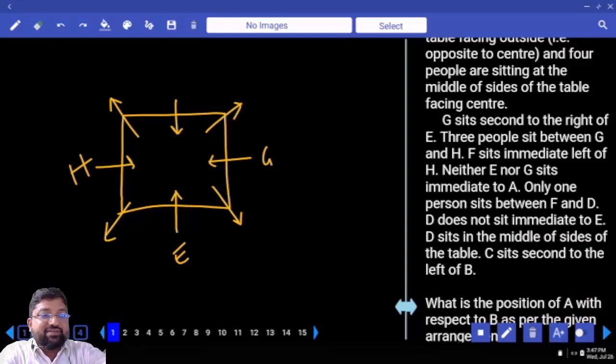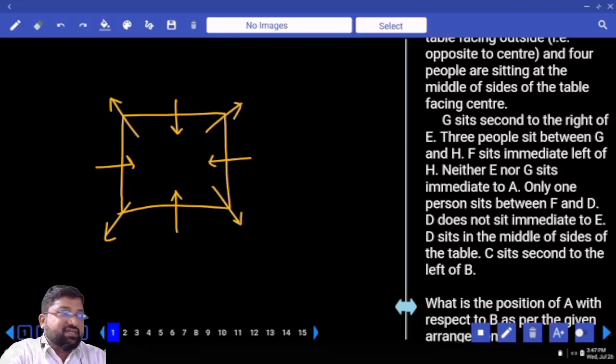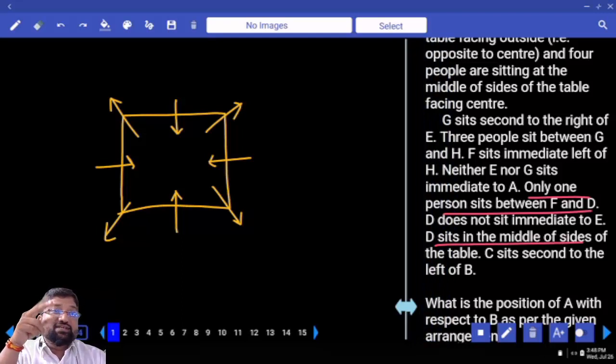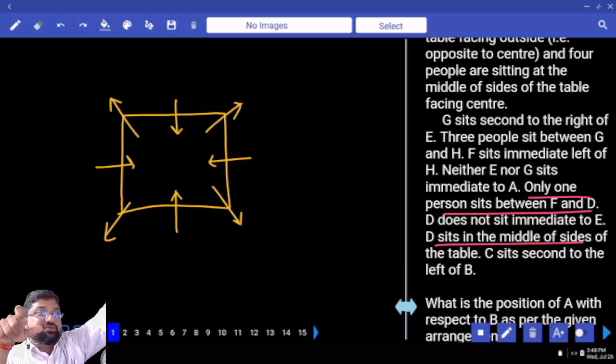So what have you understood now? Based on this information we can talk about three persons. Who are these three persons? E, G and H. If E is in the corner, G and H are also in the corner. If E is in the middle of the side, G and H are also in the middle of the sides. Now the great thing to know here is, only one person sits between F and D. D sits in the middle of the sides of the table, so F and D are sitting in the middle of the table. And how many more positions are left out? 2 positions.